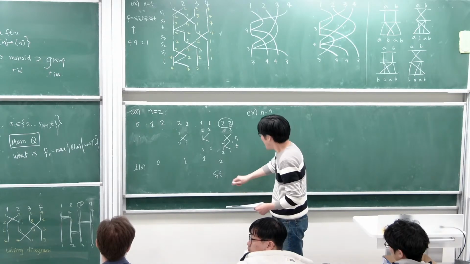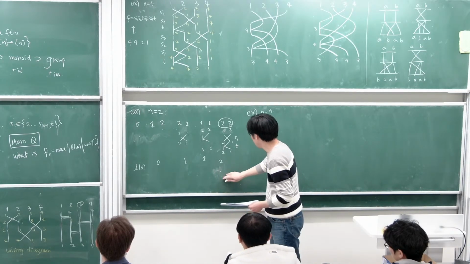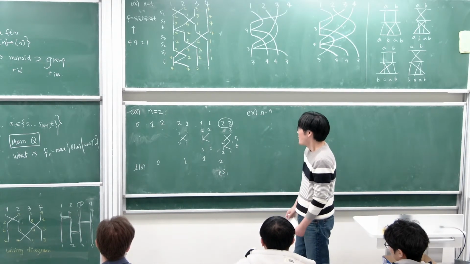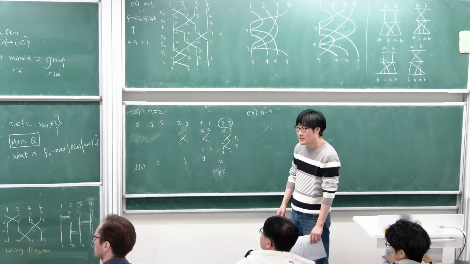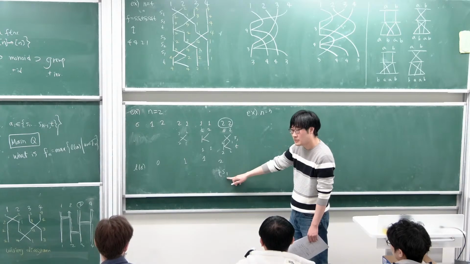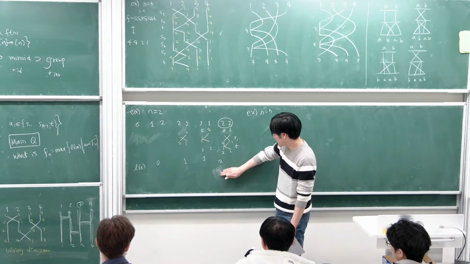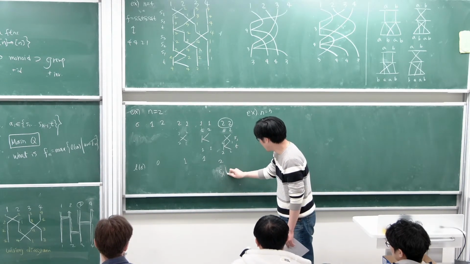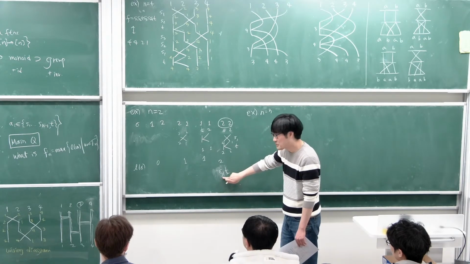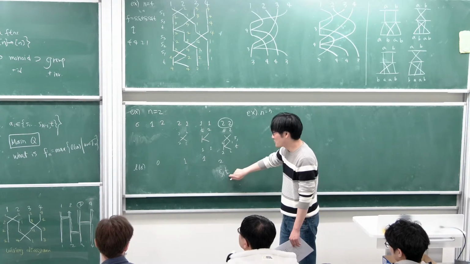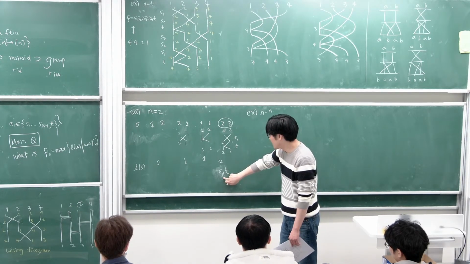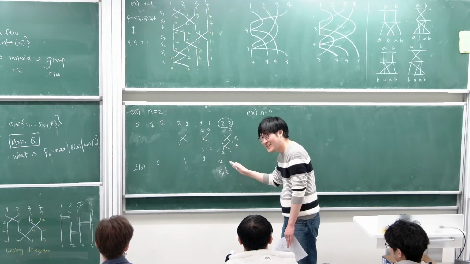So this looks right. This is correct. Wait, is this reversed? Let me check again. 1 goes to 1, then 1 goes to 2. And 2 goes to 1, because it also sends 2 to 1. So 2 goes to 1 and then 1 goes to 2. So it's 2.